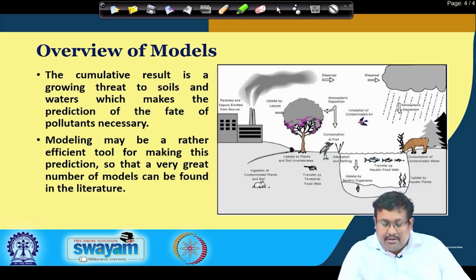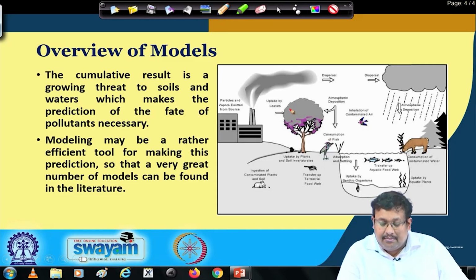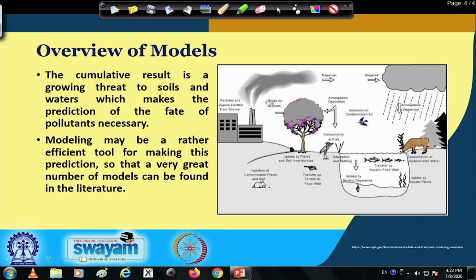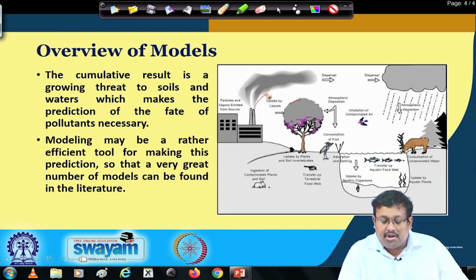You can see this photograph shows the movement of different pollutants from within the earth. When there are different types of pollutants, they are taken up by the leaves, and the polluted plumes of smoke generated by different industries show dispersal and formation, and also different types of atmospheric deposition.